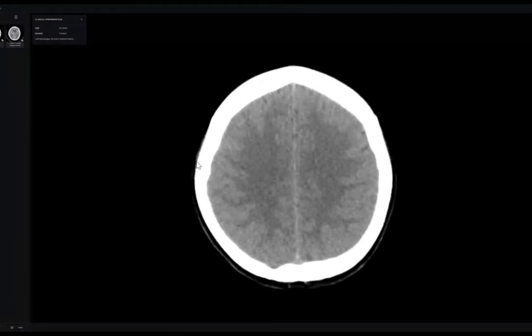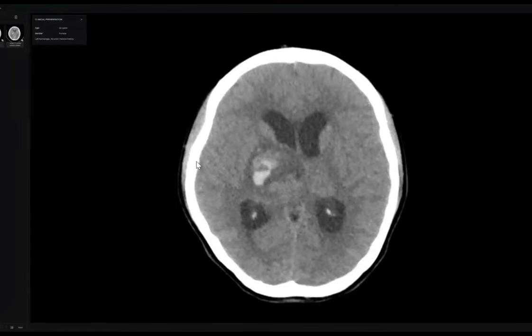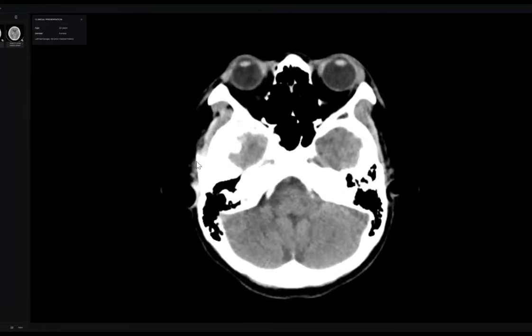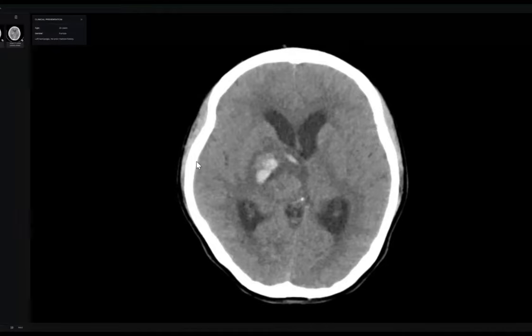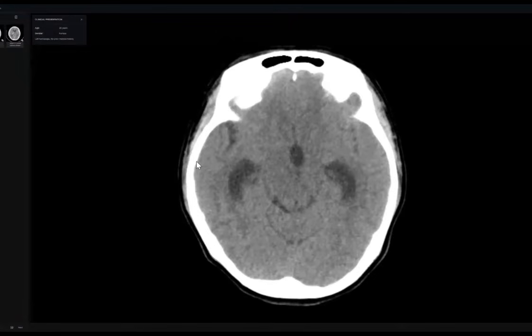Okay, I'm presented with the non-enhanced axial cut of the brain. The most striking abnormality is a hyperdense lesion noted in the right basal ganglia region, which is causing mass effect on the right lateral ventricle, as well as it has surrounding edema.